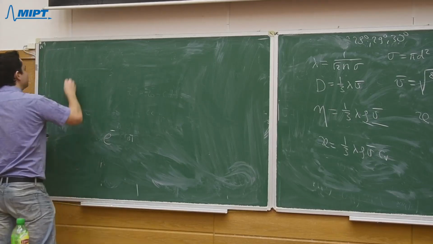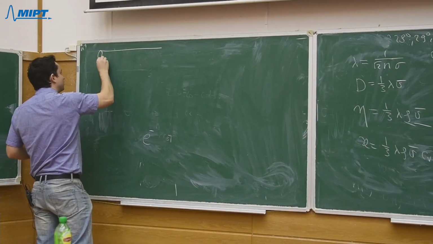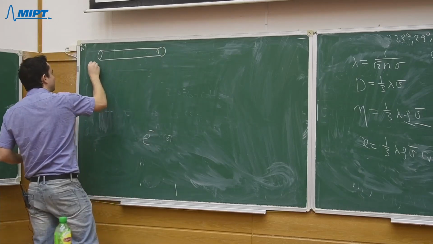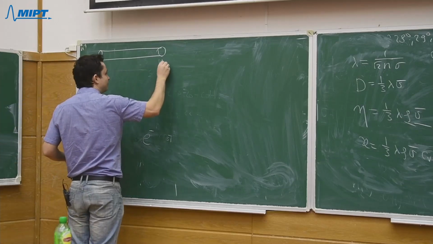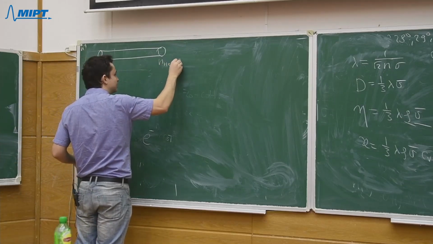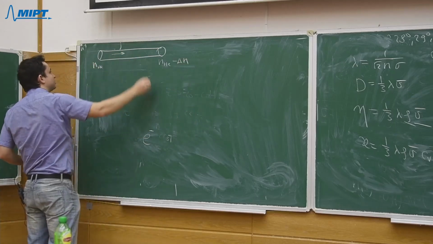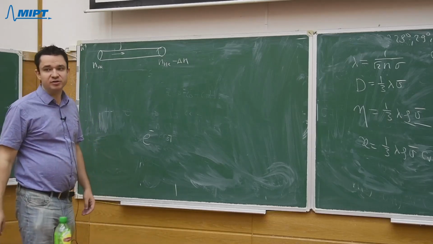So I'm going to draw the tube. So we have here some N helium, while we have on the other end N helium minus delta N. And there is a constant flux of helium molecules from one side of the tube to the other side of the tube.